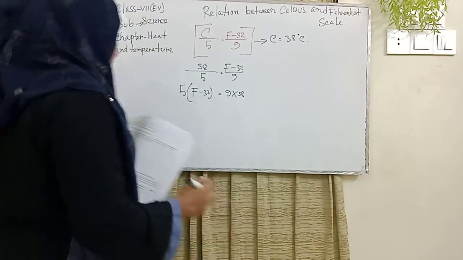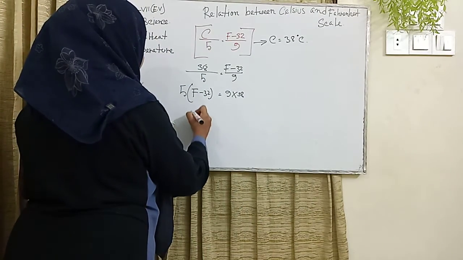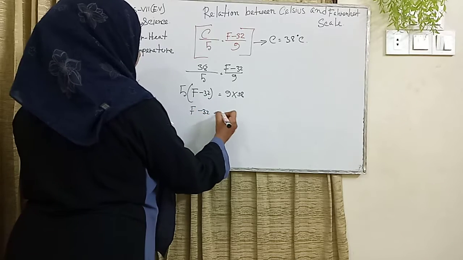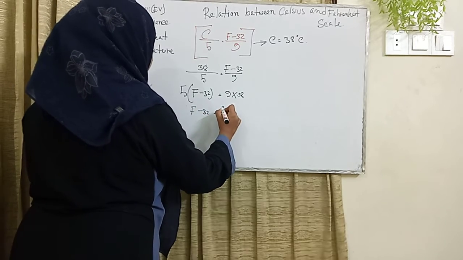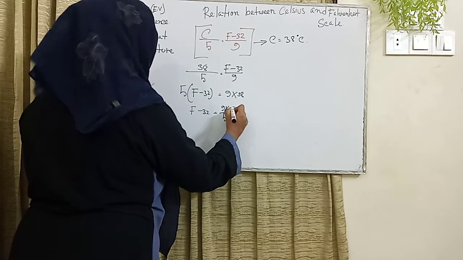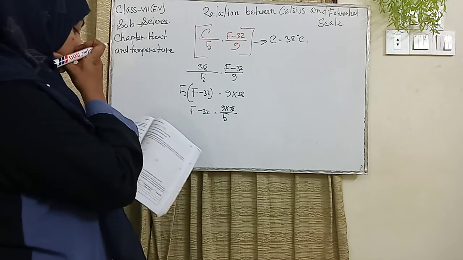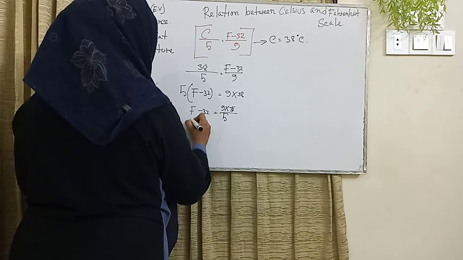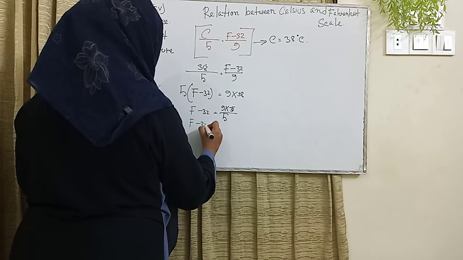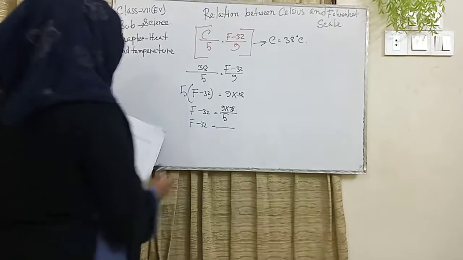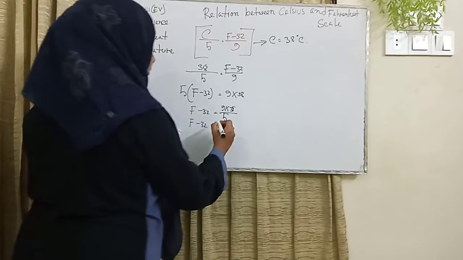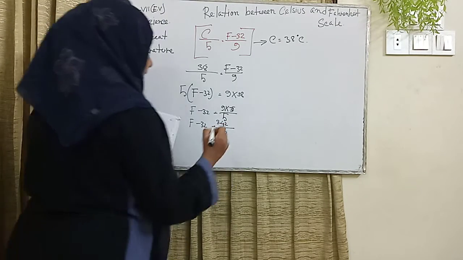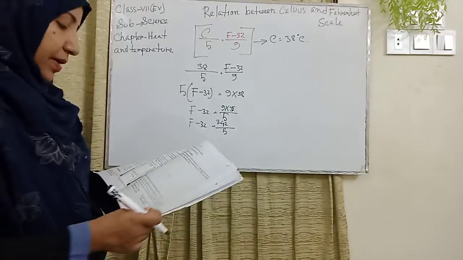Now F minus 32 equals 9 into 38 divided by 5. Again I explain, 9 into 38 is 342, and 342 divided by 5.